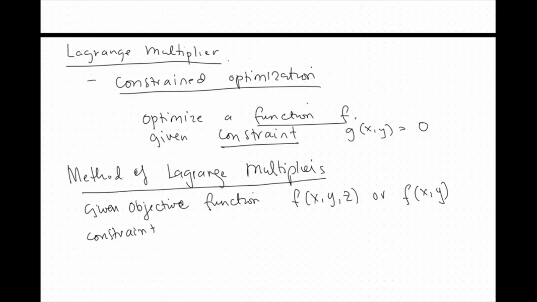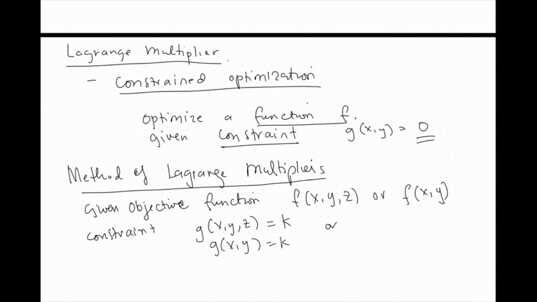The constraint is given by g(x, y, z) equal to some constant k, or you can put the k at the other side and 0 at the one side. Doesn't matter a lot because the derivative of a constant is 0.